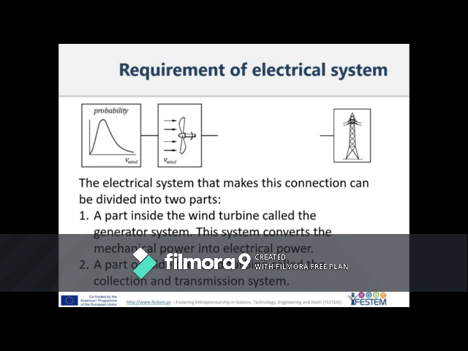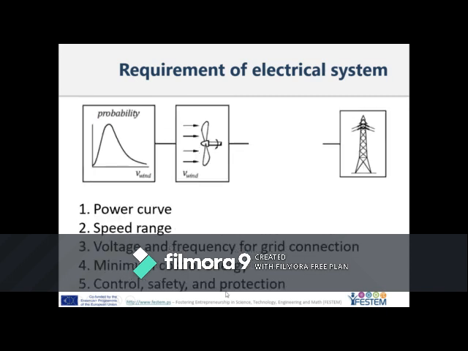The requirements for an electrical system. The electric system that makes this connection can be divided into two parts. A part inside the wind turbine called the generator system. This system converts the mechanical power into electrical power. A part outside the wind turbine called the collection and transmission system. So we have a power curve, we have a speed range, and both will produce the power.